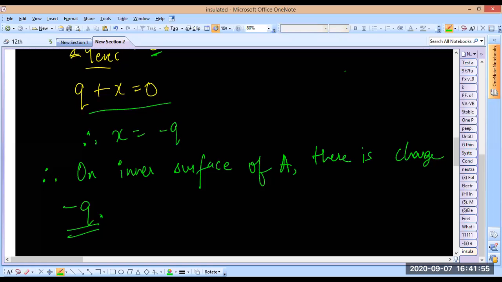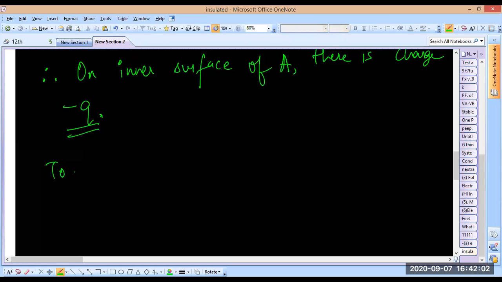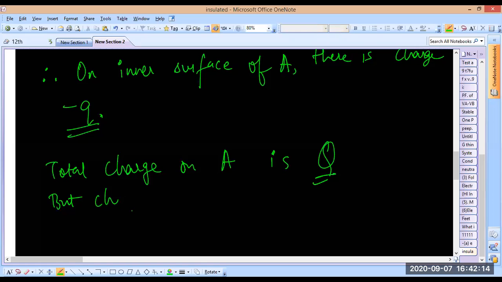Now we go to the next step. Total charge on A is Q, isn't it? We have given it a charge capital Q. But the charge on the inner surface is minus small q.